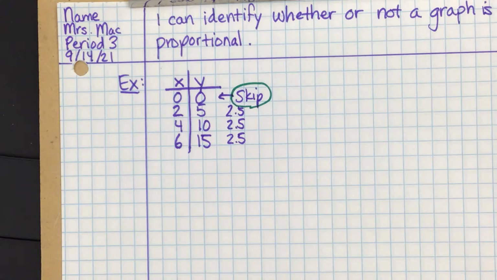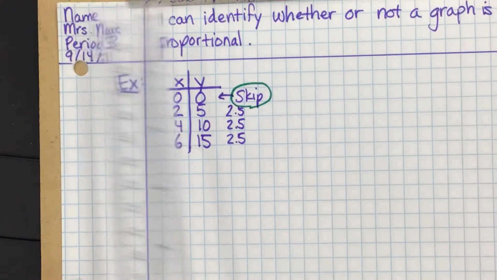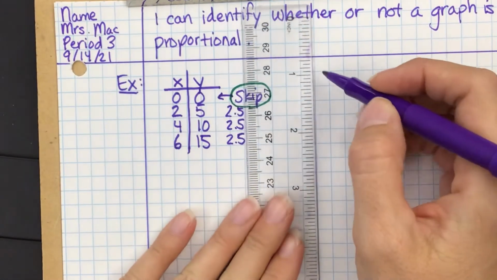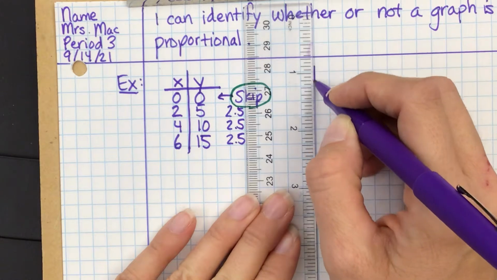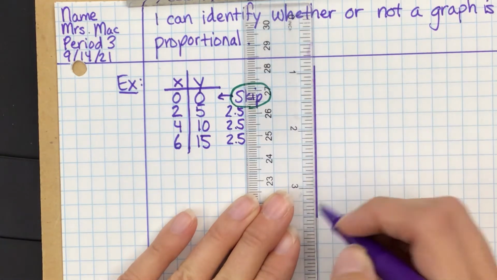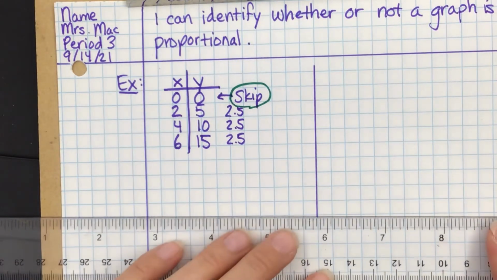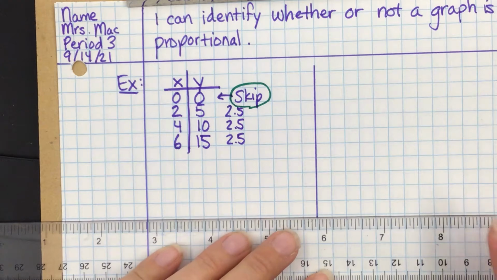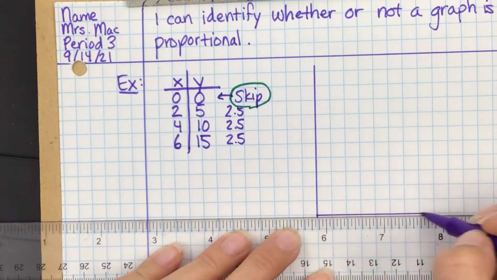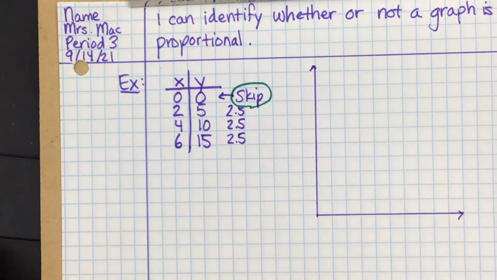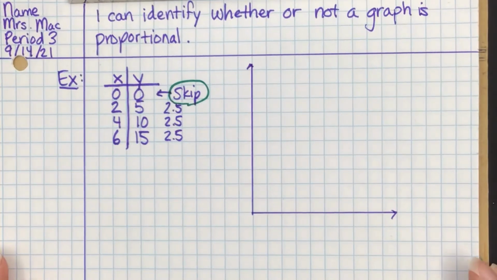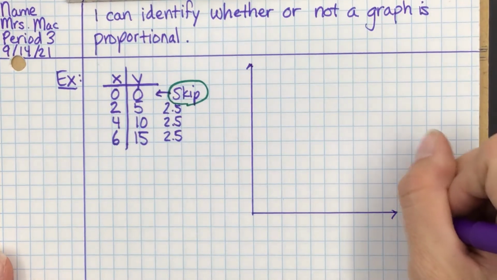Now let's take it to the next level. We're going to graph this, okay? As long as your graph is about 8 by 8, you'll have enough space here. Okay, so this is my x-axis.